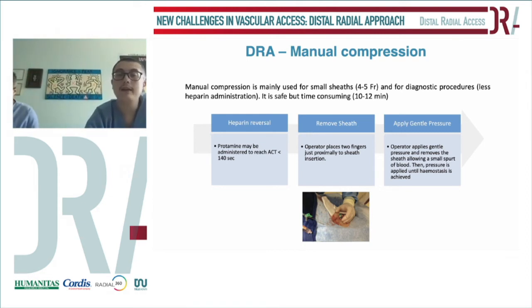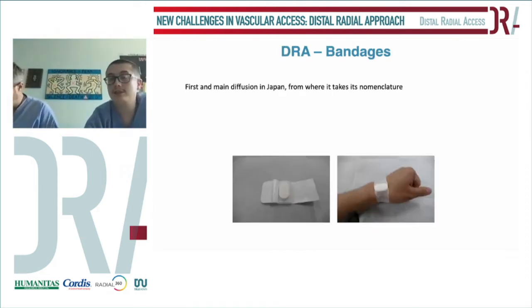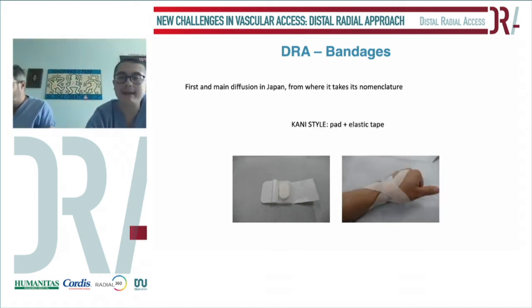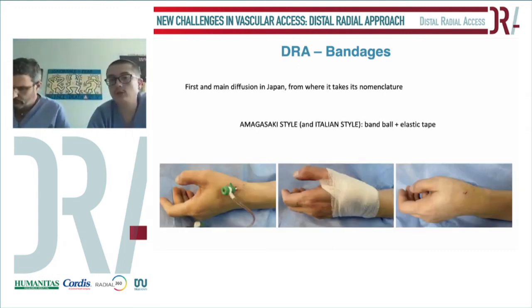The second option is bandages. It's really popular in Japan, and you can do it with a pad and an elastic tape. This is what we do when we don't use the dedicated devices.